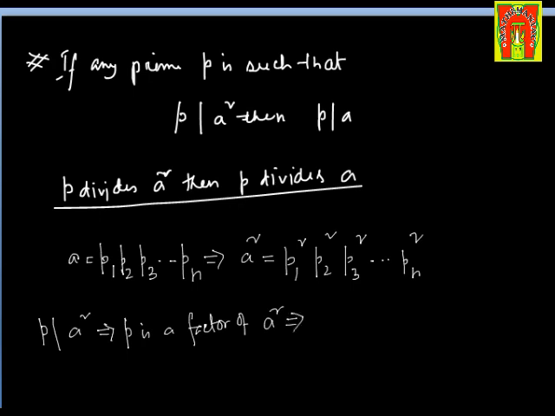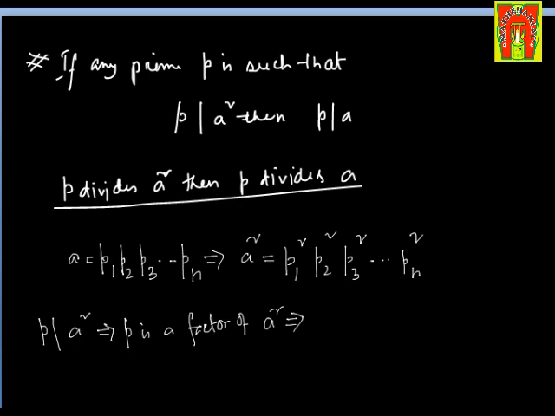Now you see from here, a square is a number, and this is its prime factorization. The fundamental theorem of arithmetic guarantees us that whatever prime factors are coming here are the only prime factors for this. No other prime factors are possible when you break a square in any manner.